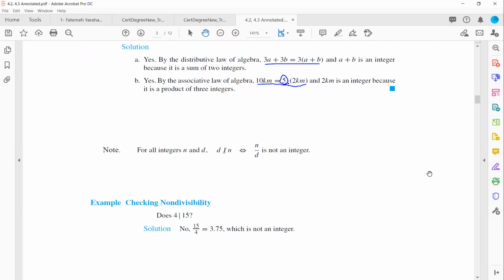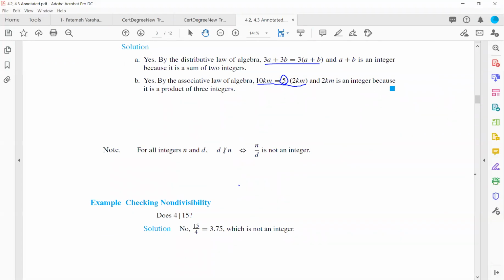Note that for all integers n and d, d doesn't divide n, or d is not a factor of n, if and only if n divided by d is not an integer. For example, does 4 divide 15?